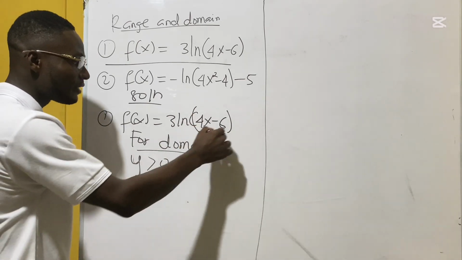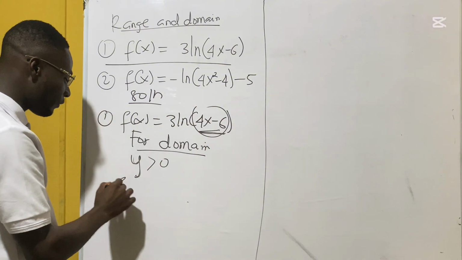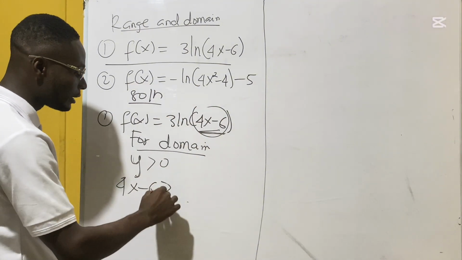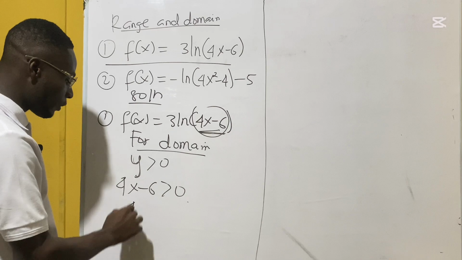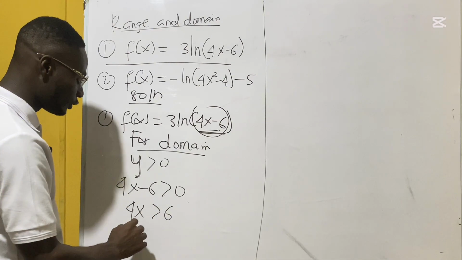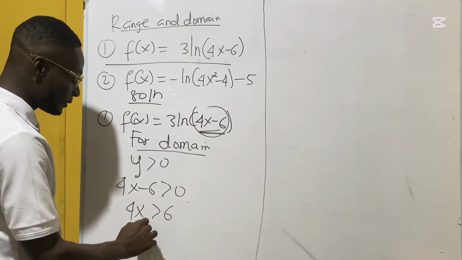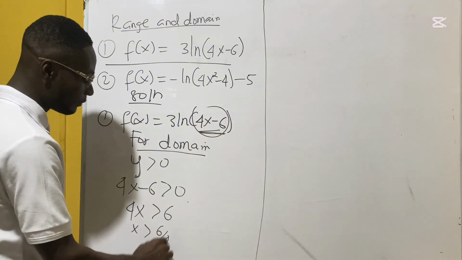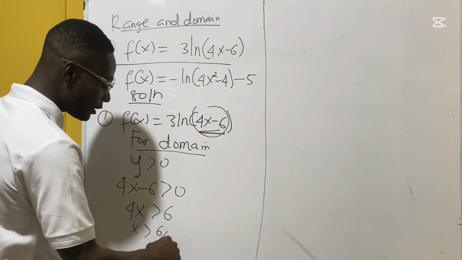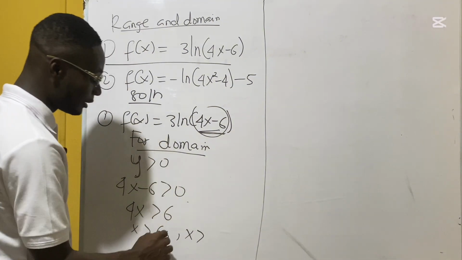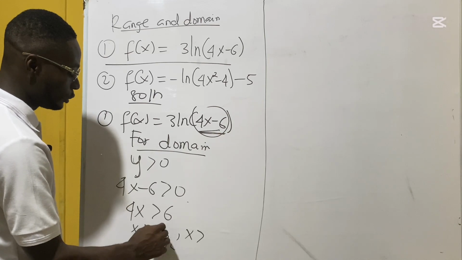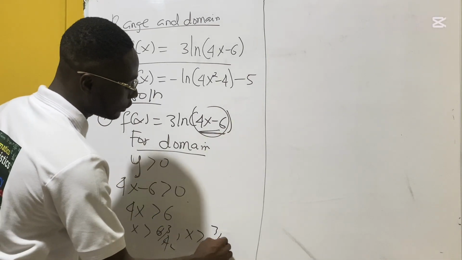So 4x minus 6 should be greater than 0. We say that 4x should be greater than 6, so x is greater than 6 over 4, and that is x greater than 3 over 2.